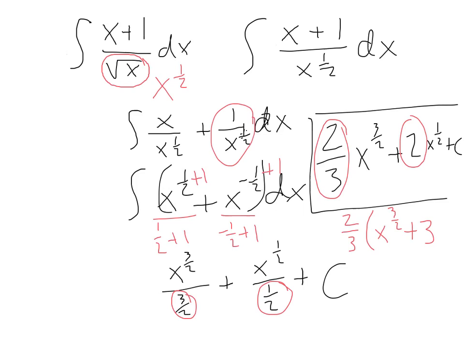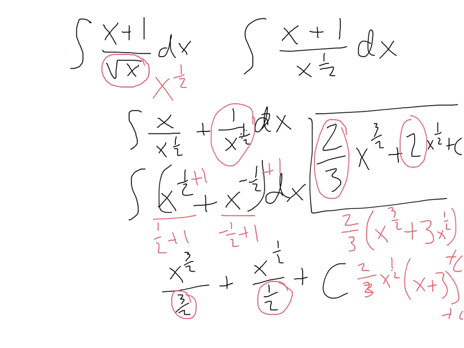If you redistribute it, it should come back out to the 1/2, and then plus c. I don't need to factor anything out of the c. The c will never change because it's just some arbitrary number. We just leave it as c. Also, I think this might be example 4 in the book, it also shows how to factor out an x to the 1/2. So this would be 2/3 x to the 1/2 times (x + 3) plus c.